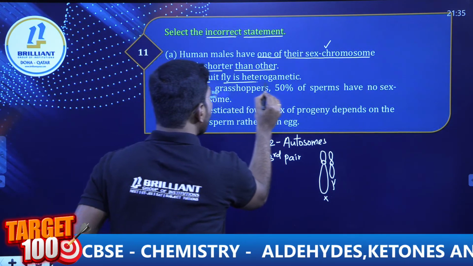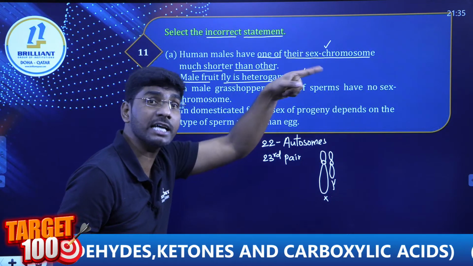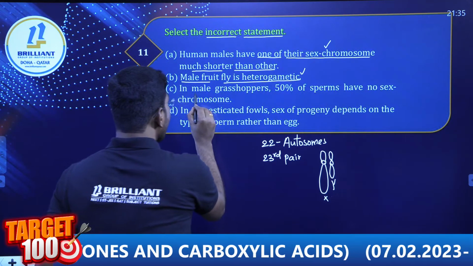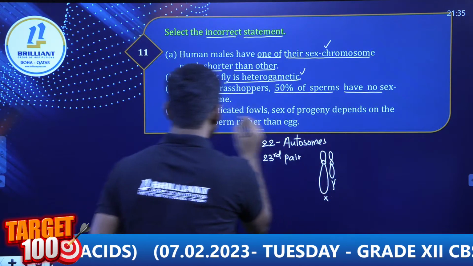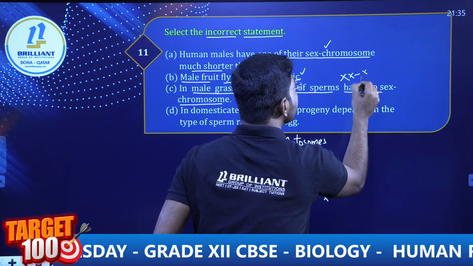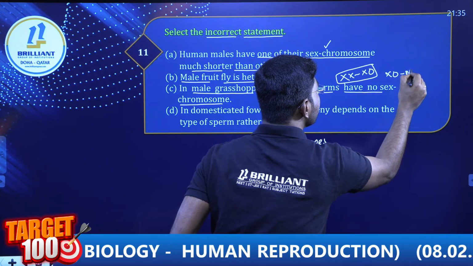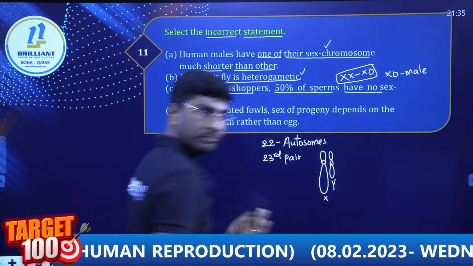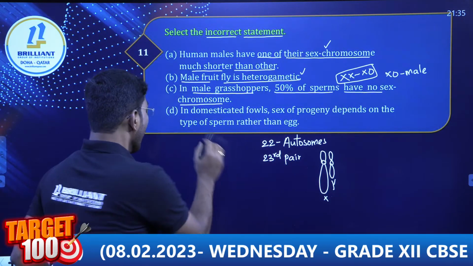Male fruit fly is heterogametic. Yes, the fruit fly Drosophila, XX and XY. Right? Next, in male grasshopper, 50% of sperms have no sex chromosome. The statement is correct, because it is the X0 type of sex determination. X0 is male. Correct? Look at option D. I told you this one earlier.